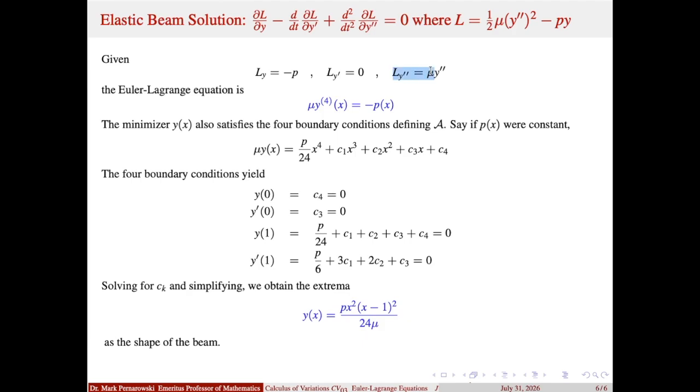That would be this. So now, this L sub y is minus p, this thing is 0, and this second term is the second derivative of what? Of this. Well, mu's a constant here, so the second derivative of this expression is the mu times the fourth derivative in x. So this is where my discussions earlier about what kind of smoothness do you need come in.